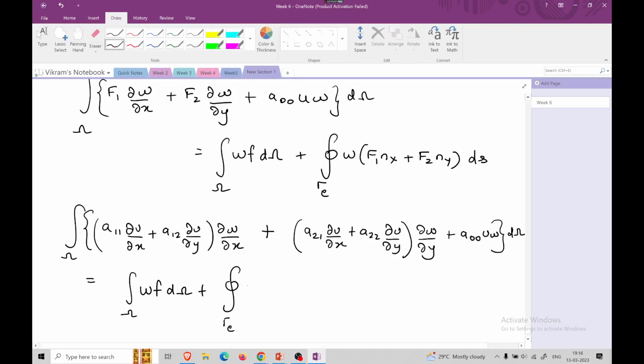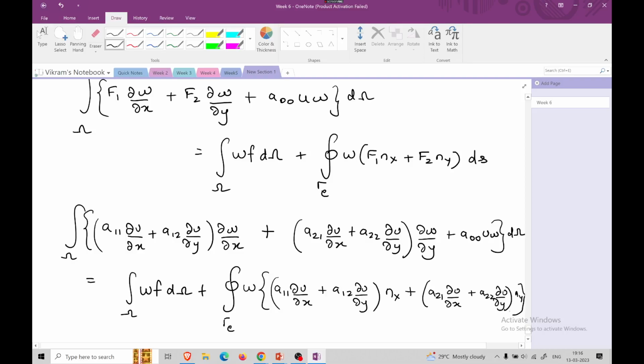It will be w times a11 dou u by dou x plus a12 dou u by dou y into nx, plus a21 dou u by dou x plus a22 dou u by dou y into ny, and this whole thing multiplied and integrated over ds.